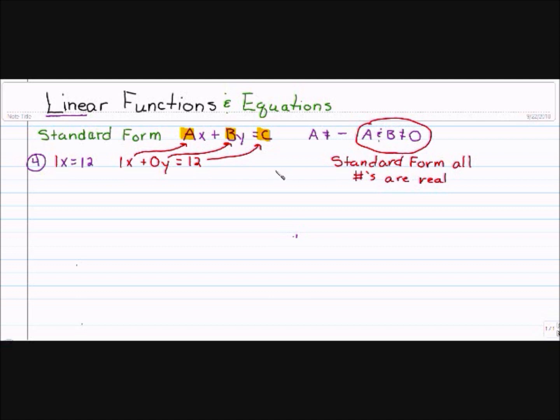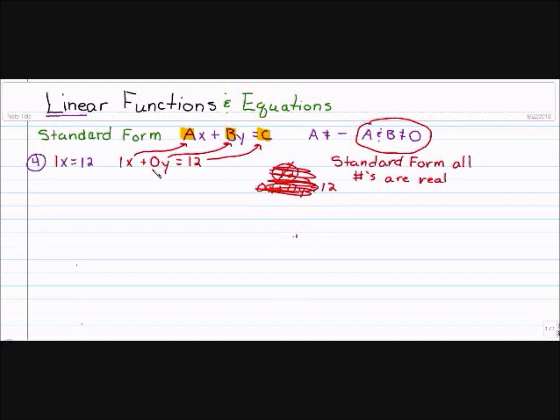If I just had something that said equals 12 with nothing in front of it, just equals 12, that is not linear. Your a and b cannot be 0. In other words, you can't have 0x plus 0y equals 12. You can't do that. So we scratch that out.